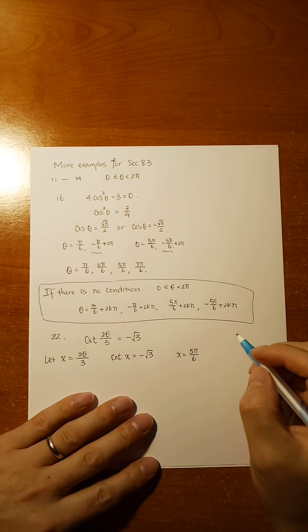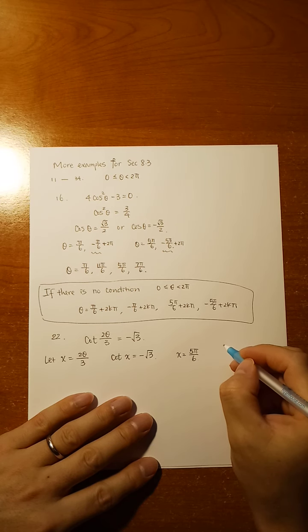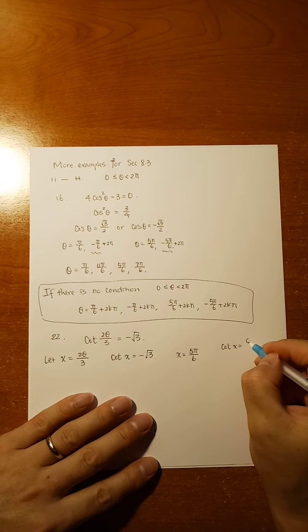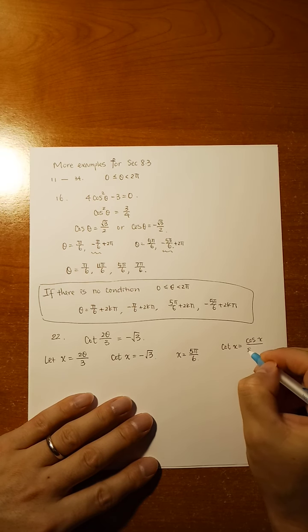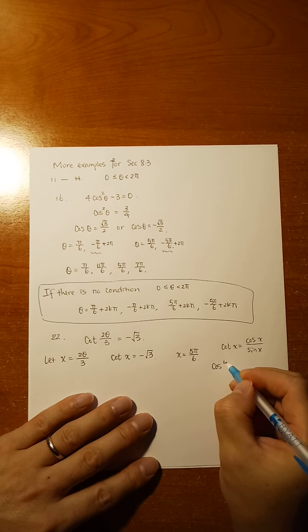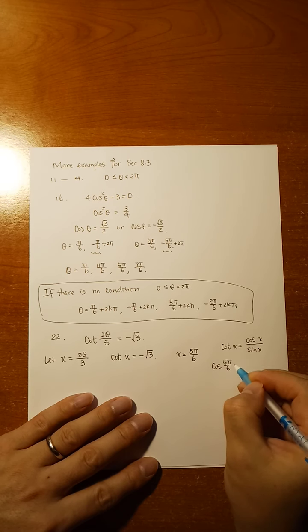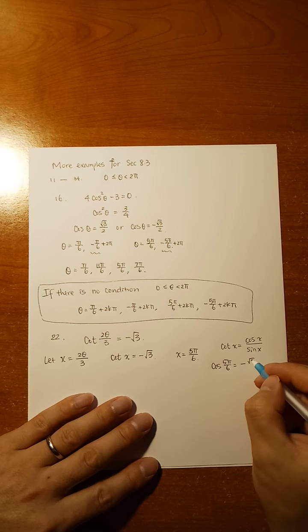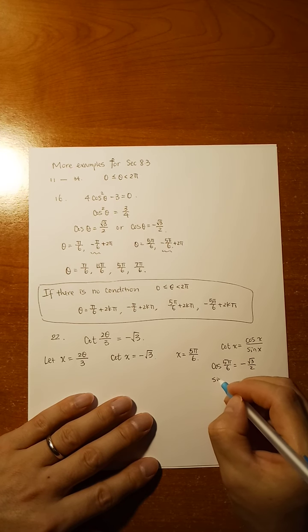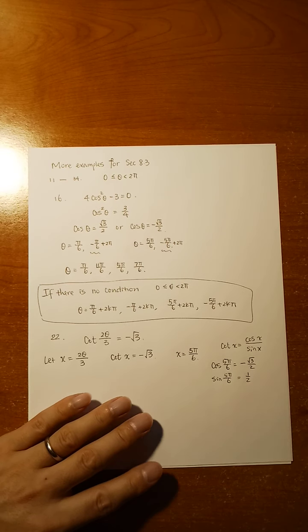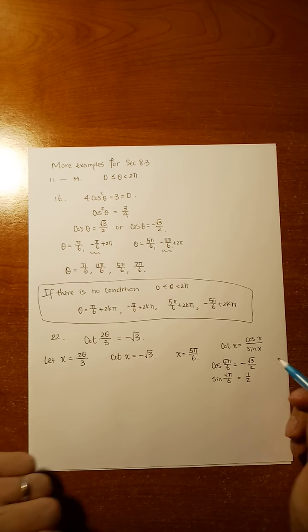Well, let's check, I'm not so clear right now. Cotangent of x is cosine of x over sine of x. For 5 pi over 6, cosine is negative square root of 3 over 2, and sine of 5 pi over 6 is positive 1/2. The ratio is negative square root of 3. It's right.